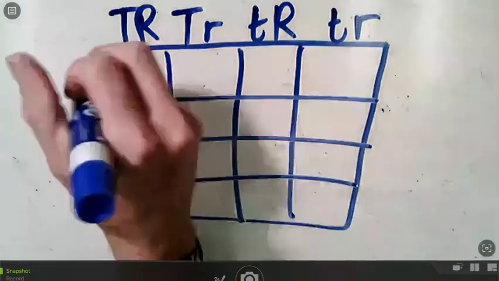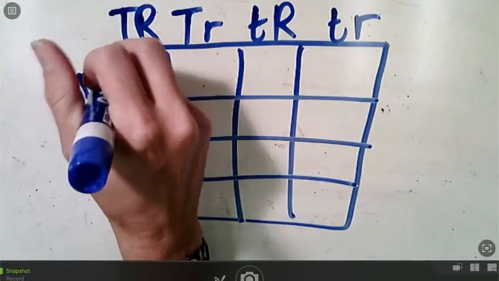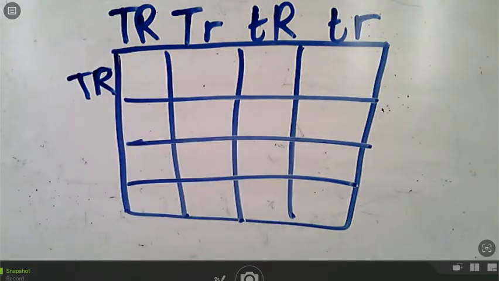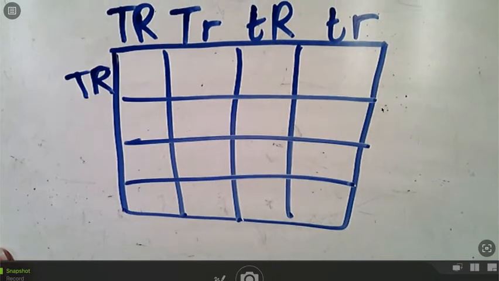And then you'd put them on this side too. Yes, remember? Did everybody do a dihybrid cross? I'm seeing some people shake their heads no, and some people shake their heads yes.